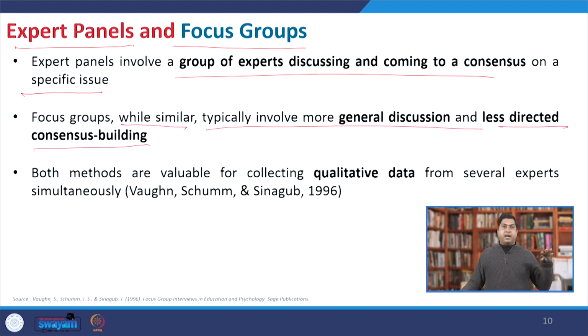So in this case, unlike Delphi, where in each round we summarize what others say, it is much more of a common discussion where all the experts come together, and the facilitator, based on the discussion or answers to questions, helps build some kind of common consensus.